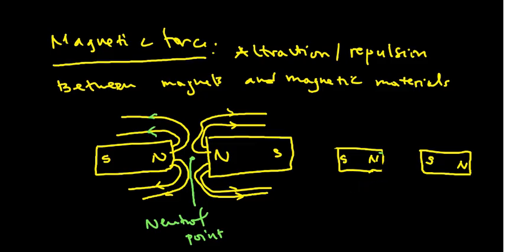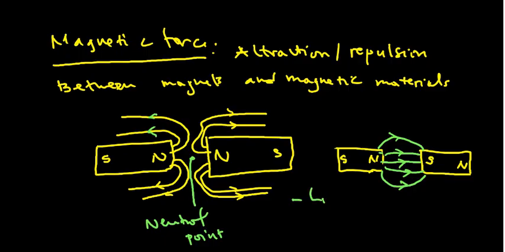Here there will be an attraction, which means this north pole will be attracted to this south pole, which means they will come together. You have to keep in mind that magnetic fields always go from the north pole to the south pole.